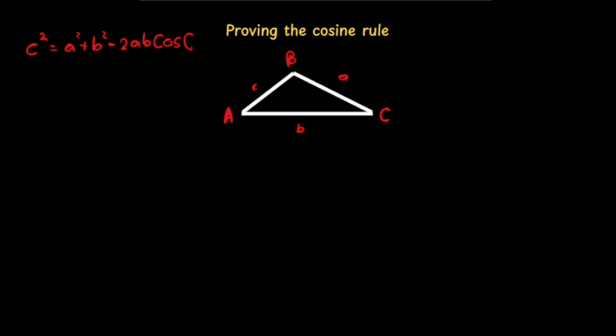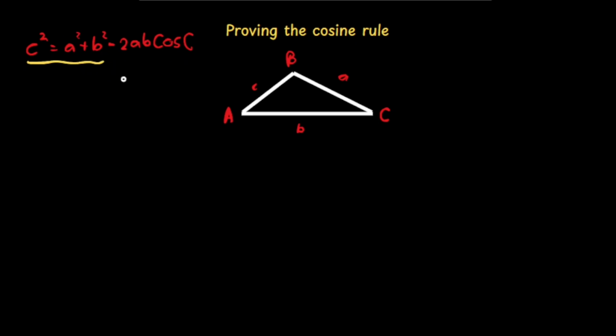What I've also done is I've put the cosine rule on the screen for you guys to have a look at. Now what we're going to do is I want you guys to identify something really important and really special when it comes to this rule. And that is this portion of the equation right here, from c squared to b squared. What I'm speaking about is c squared is equal to a squared plus b squared.